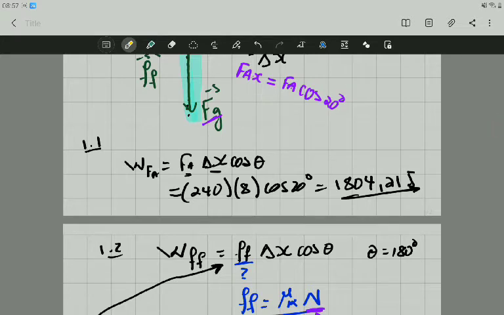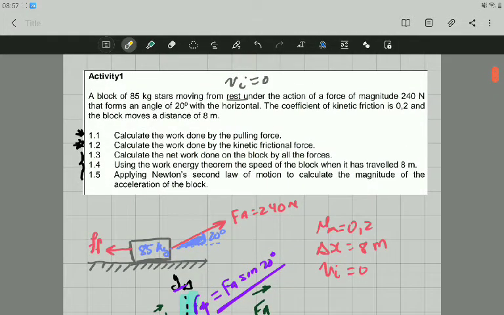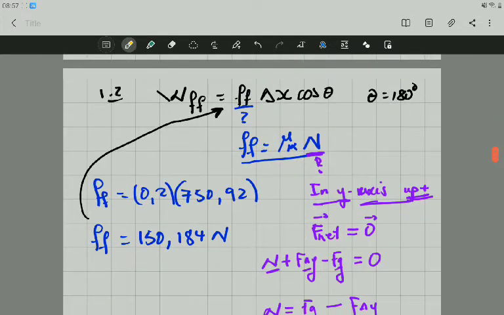Here is the calculation of the work done by the applied force. It's 1804,21, and then calculate the work done by the frictional force. Remember, there was a little bit more work to do to answer that one. The work done by frictional force is equal to frictional force multiplied by displacement multiplied by the cosine of theta. Theta is 180.